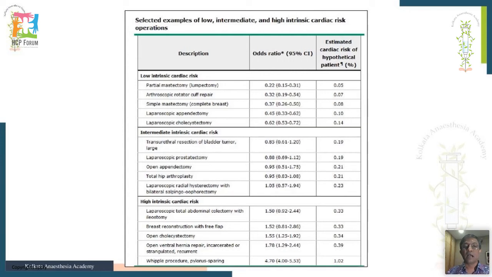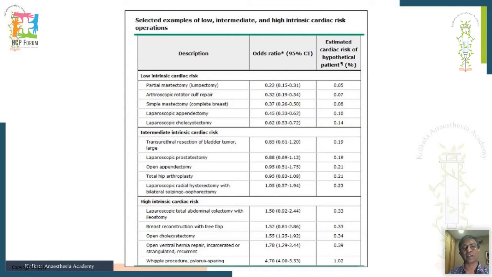This actually gave us an idea, which many people kept on talking about but there was no hardcore evidence: people are now realizing that laparoscopic surgeries possibly have lesser risk of cardiac complications when you look at composite 30-day data than open surgeries. Like a lap chole will have a lesser odds ratio than an open cholecystectomy.